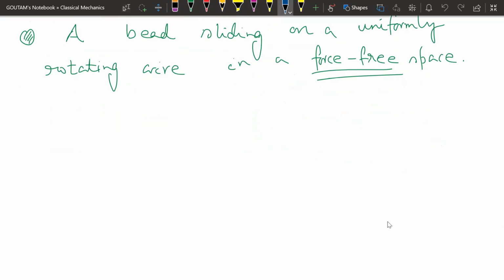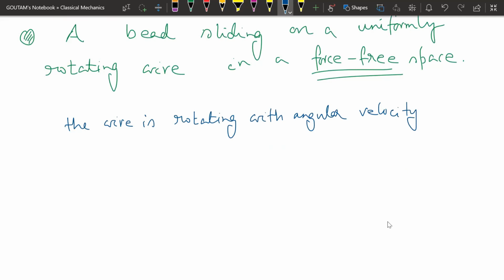So if the wire is rotating with angular velocity omega, in that case x will be r cos omega t and y will be r sin omega t, right?